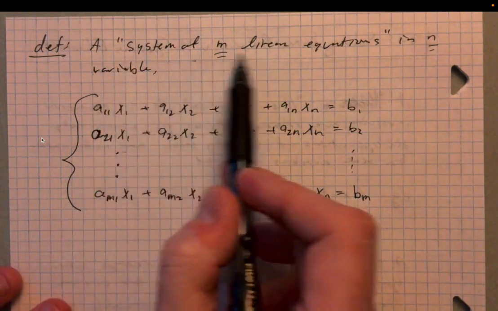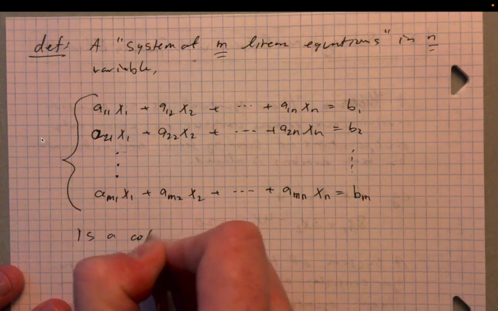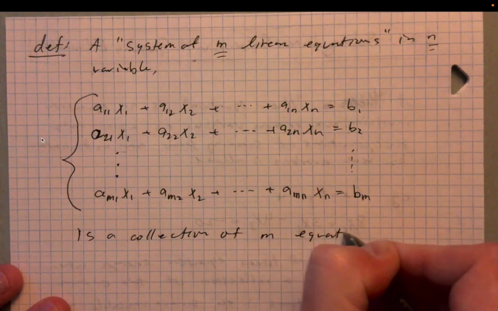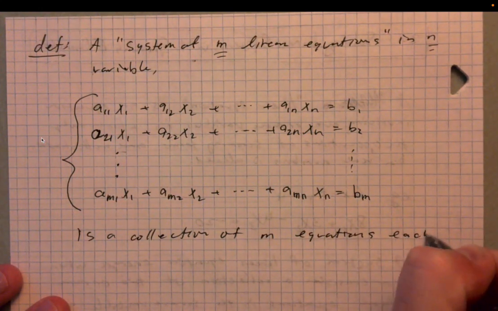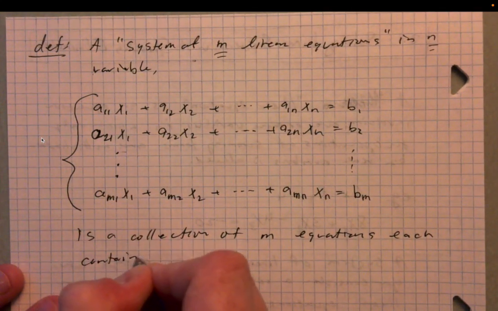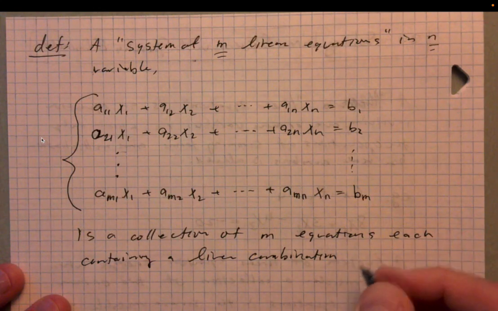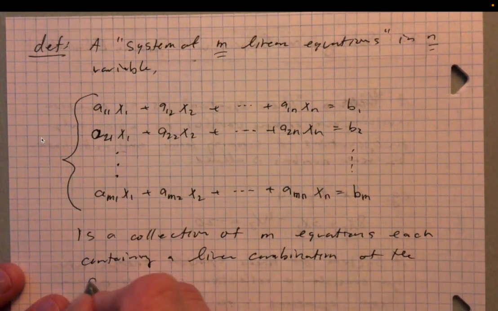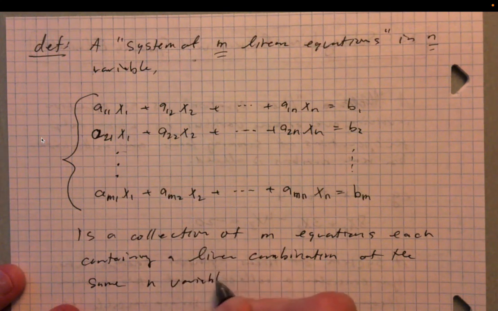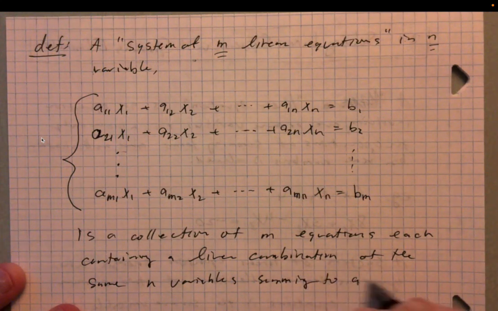So a system of m linear equations in n variables is a collection of, as we said, m equations, each containing a linear combination of the same n variables and summing to a scalar.